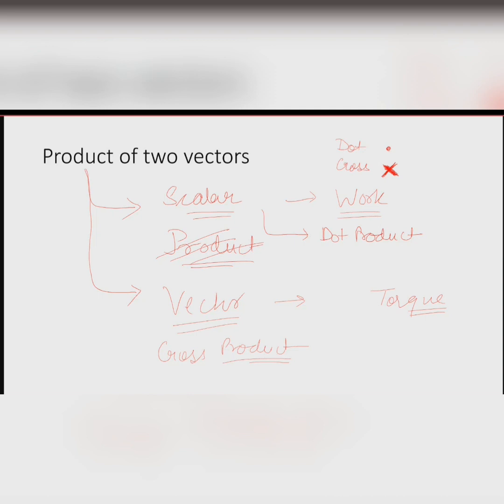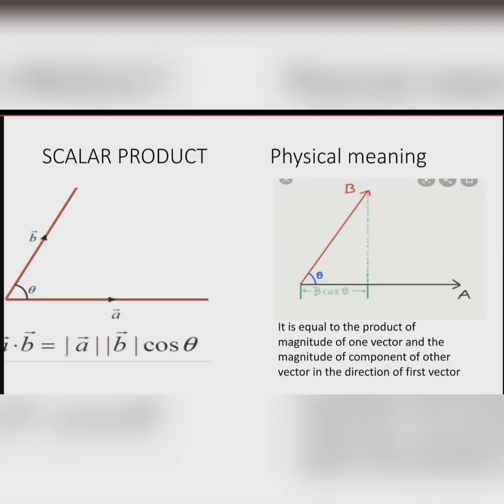If I'm talking about the scalar product of two vectors, it is defined as follows. The scalar product of vectors A and B is written as vector A dot B, equal to mod of A into mod of B multiplied by the cosine of the angle between the two vectors.